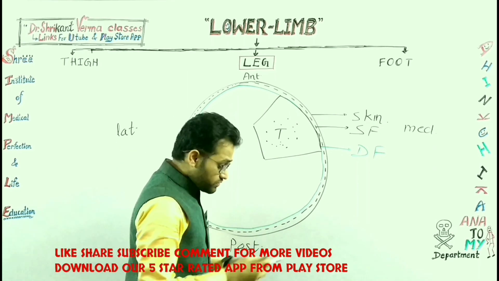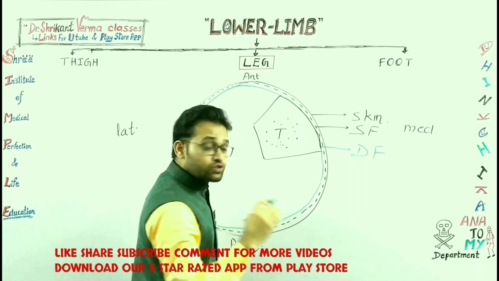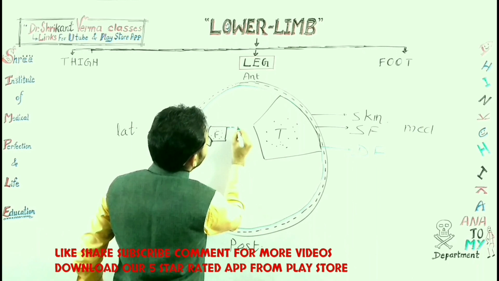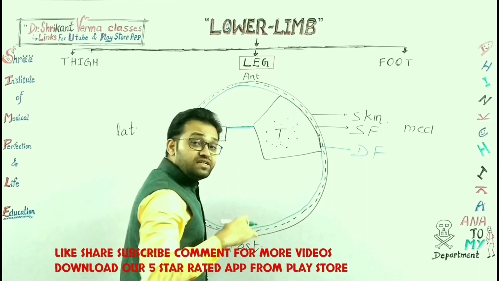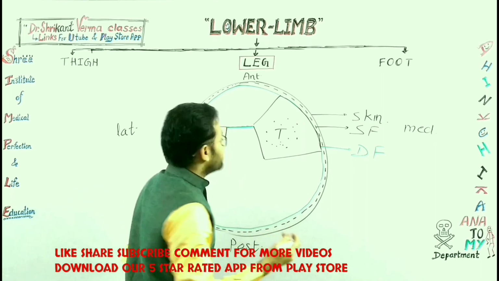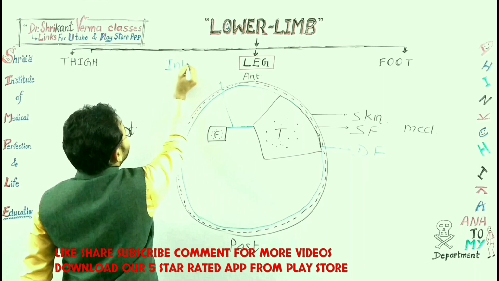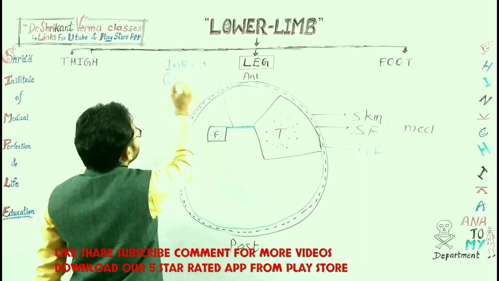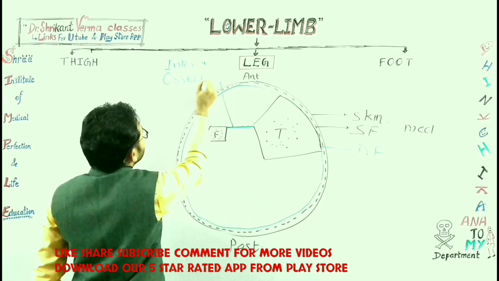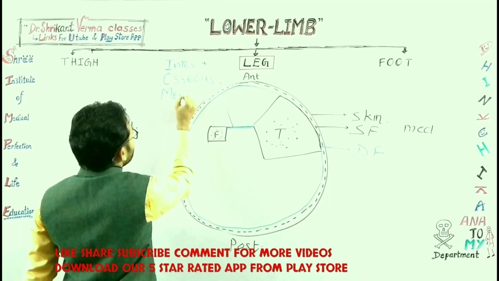And as you know, tibia and fibula both are connected together by one membrane. Yes, what is the name of this membrane? This is the interosseous membrane. Inter means in between, osseous means bones, and this is the membrane.